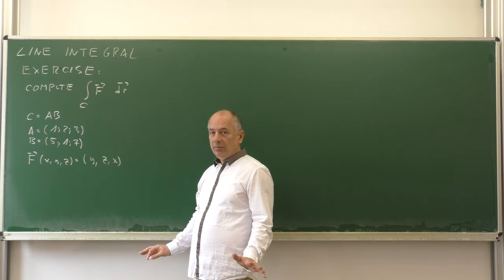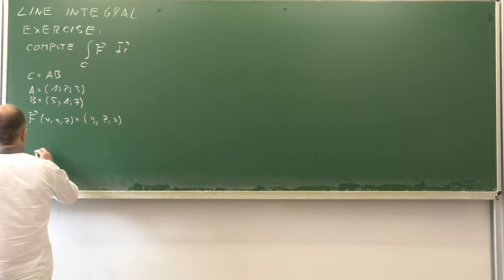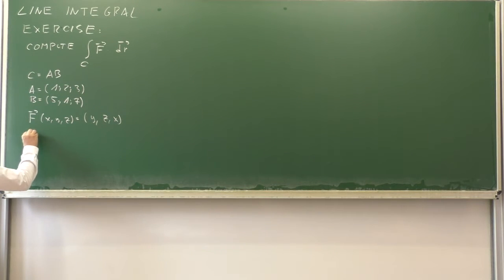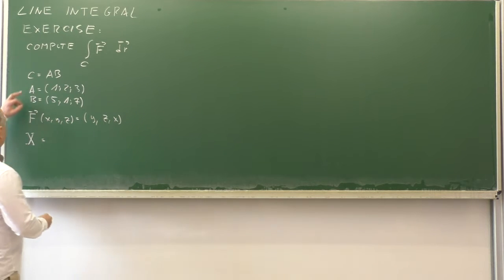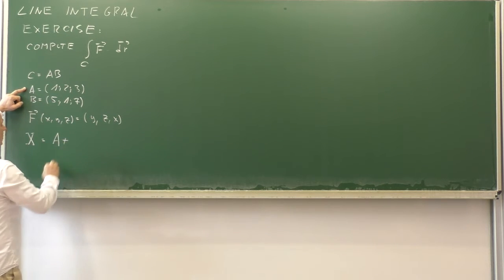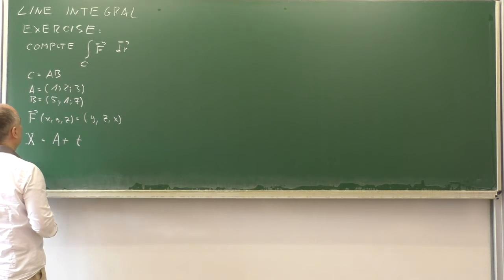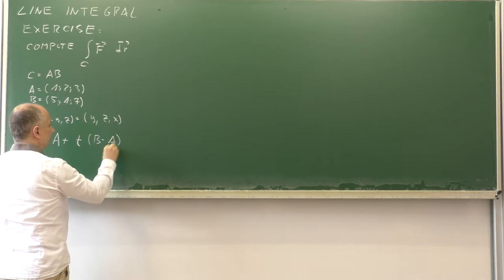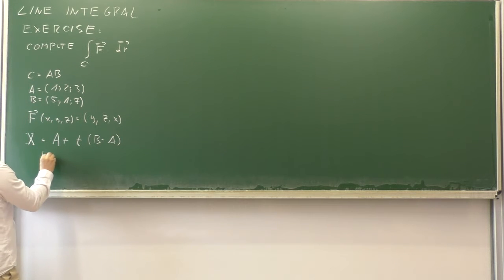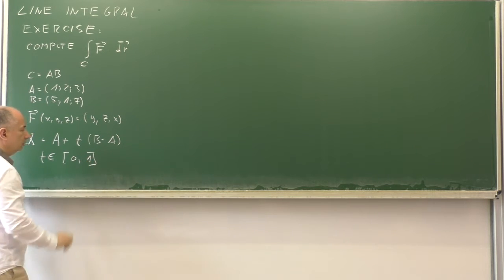There are infinitely many parameterizations of this curve, but we can write that the general point x with coordinates (x, y, z) will be A, 1 point, plus the parameter t times the difference B minus A. And t then runs from the interval from 0 to 1.